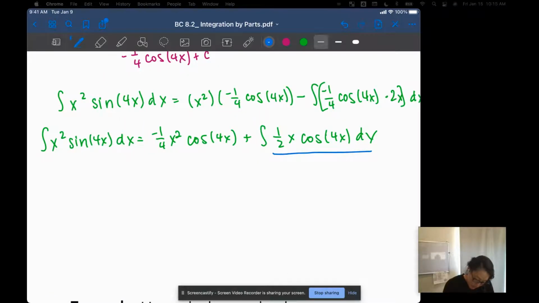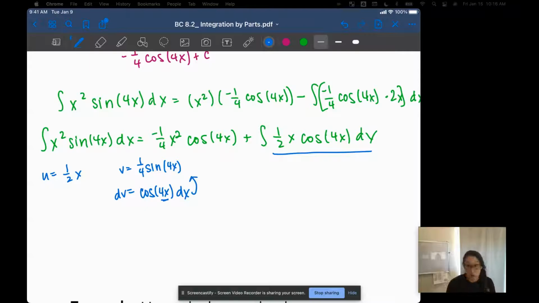All right, so I'm going to have u is equal to 1/2 x, and dv is equal to the cosine of 4x dx. The antiderivative of cosine is sine, so it's going to be sine of 4x, and then I have to divide by the derivative of the inside, so 1/4 sine of 4x. And du is equal to 1/2 dx. I'm going to make this u2 and v2, just so I don't get confused.